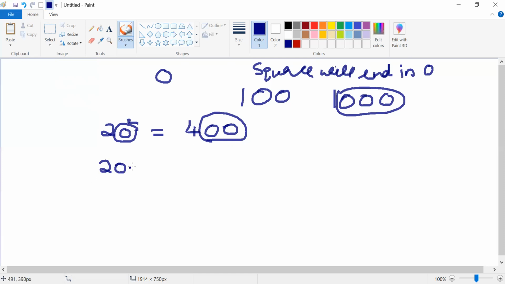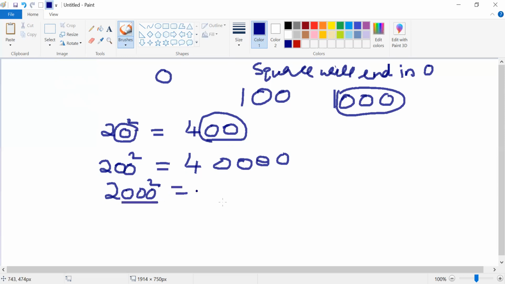If a number has 2 zeros, its square will have double of that, so it will have 4 zeros. If a number has 3 zeros ending, then its square will end in 6 zeros. Like that it will end.